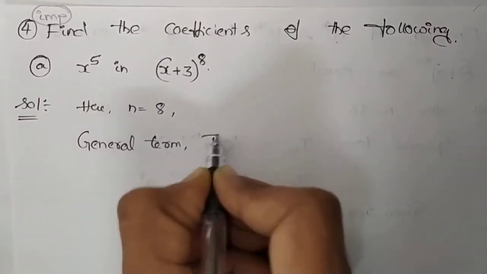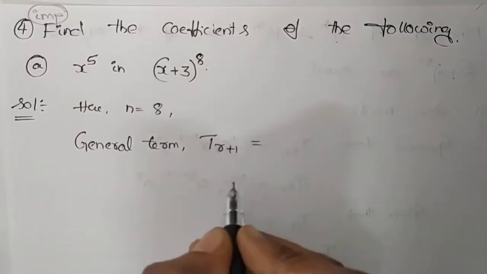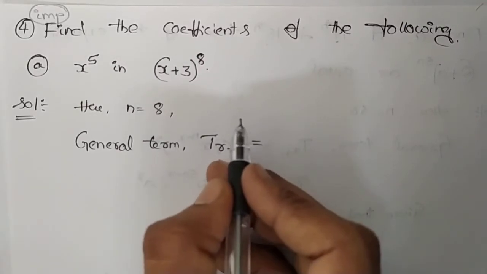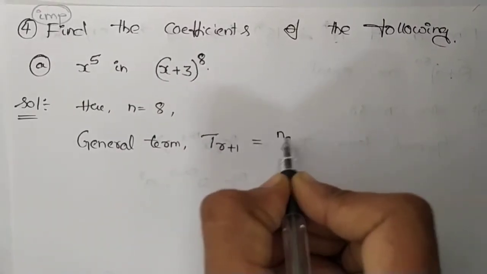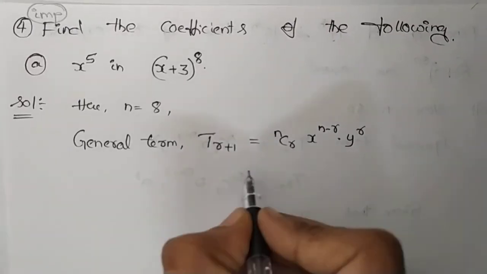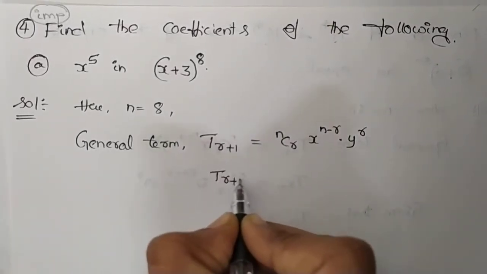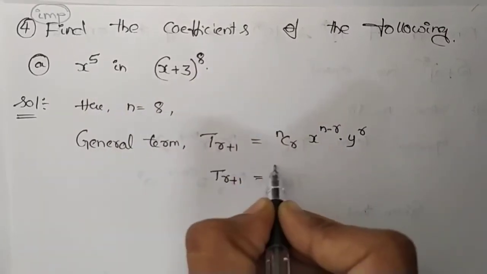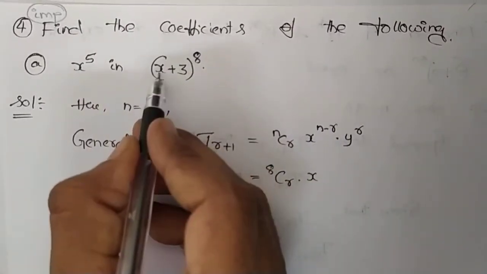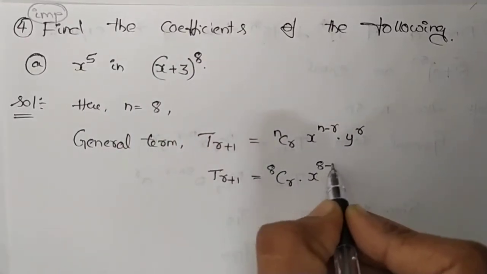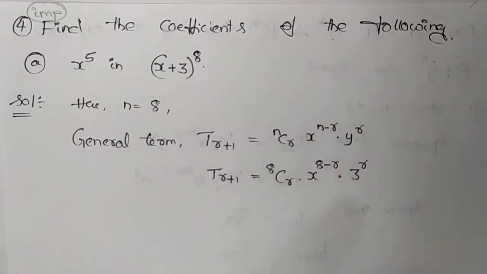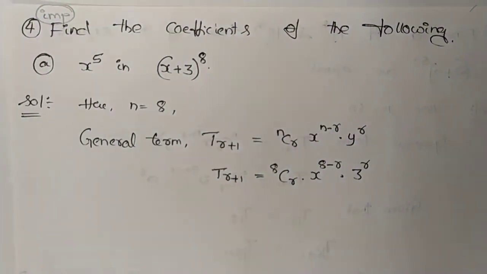General term T r plus 1 equals nCr x power n minus r into y power r. Next, T r plus 1 equals 8Cr into x power 8 minus r into 3 power r. That's it. It is the general term.